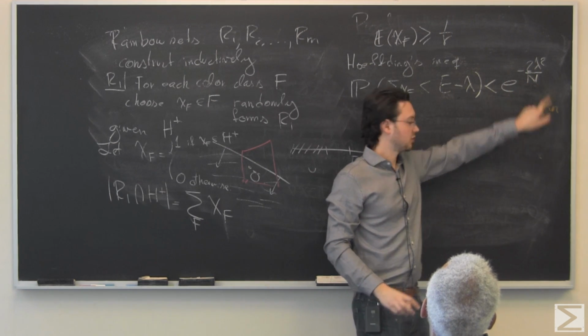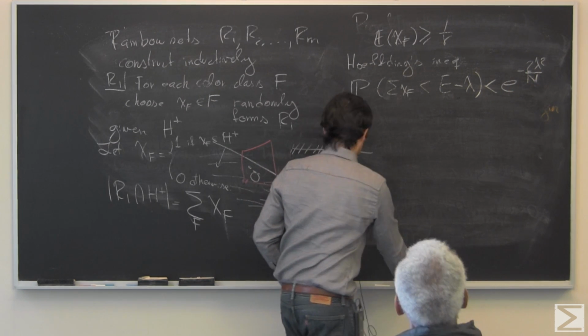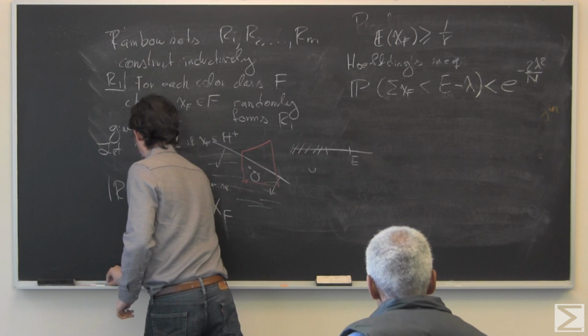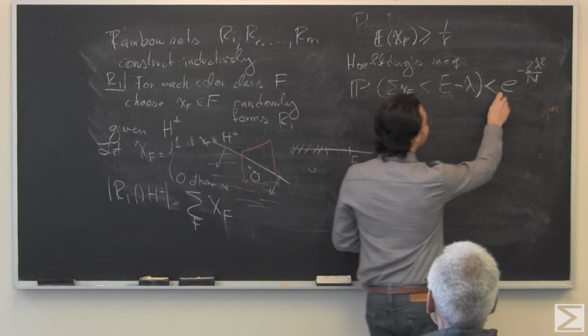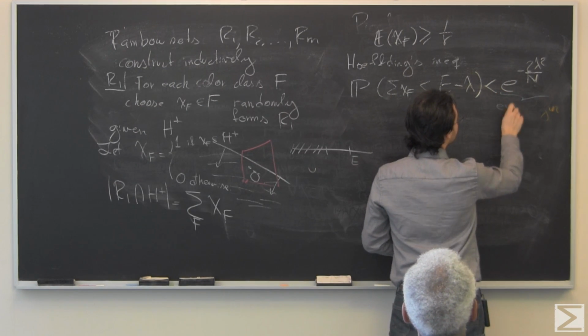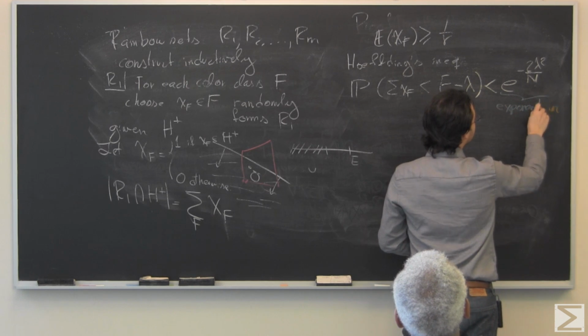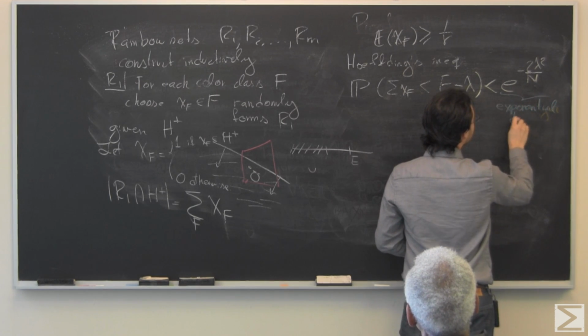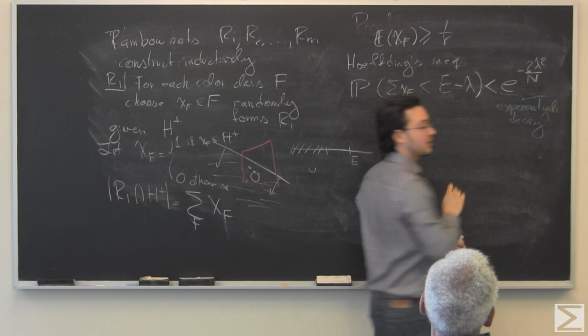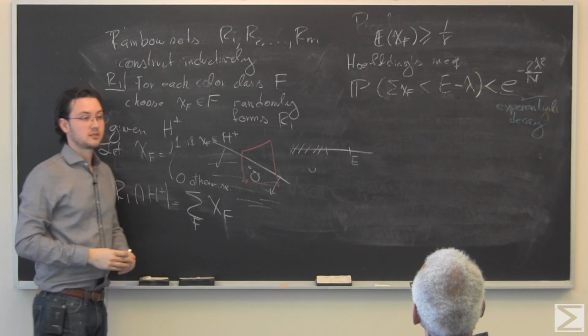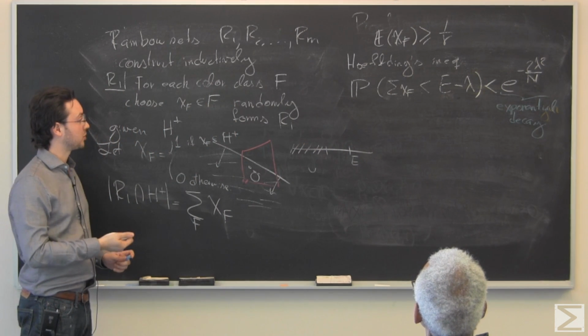Now, the interesting thing here is that this is not one of the nice checks. Here I have an exponential decay. And this is really what's doing all the work here.